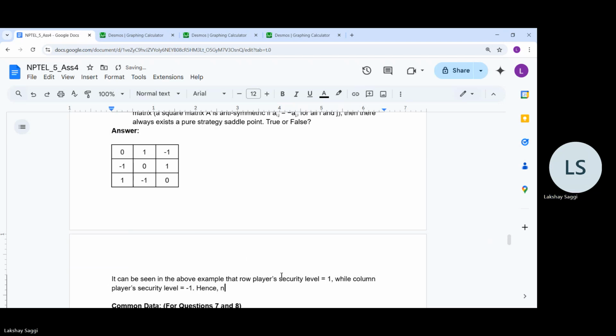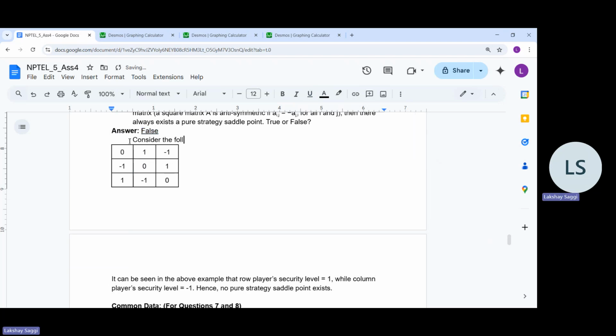Hence, no pure strategy saddle point exists. So this statement is actually false, and this is an example.